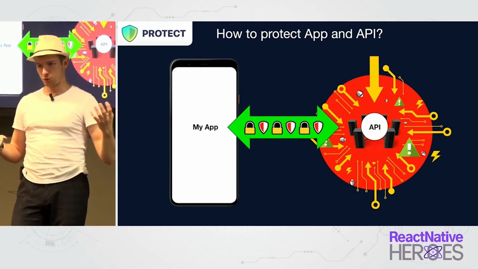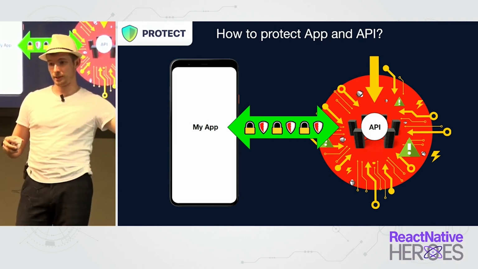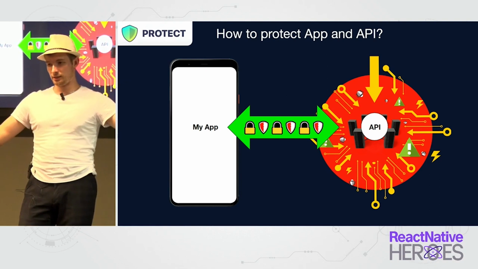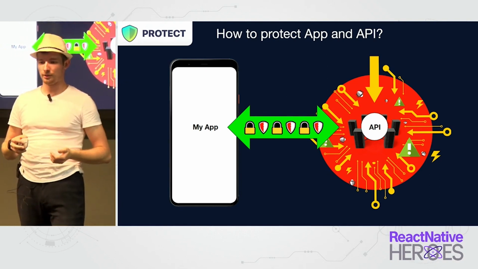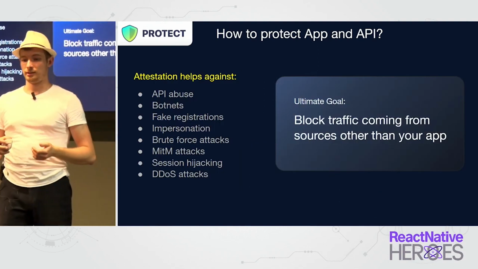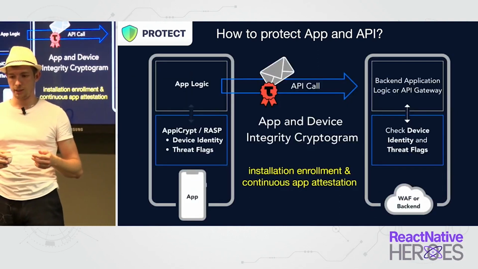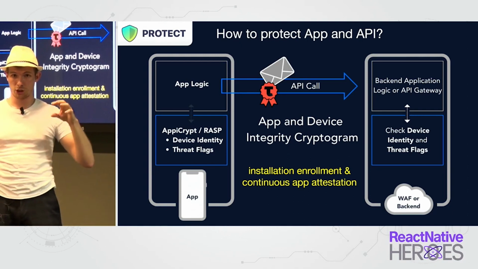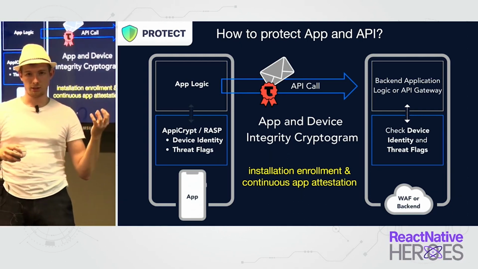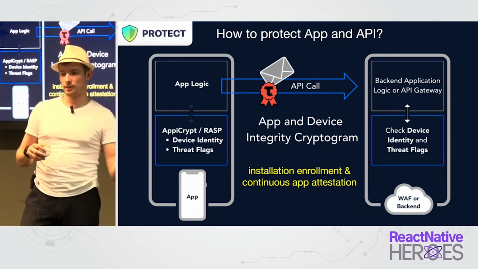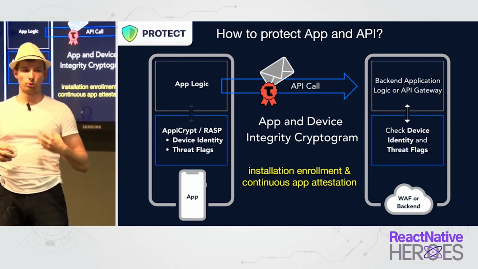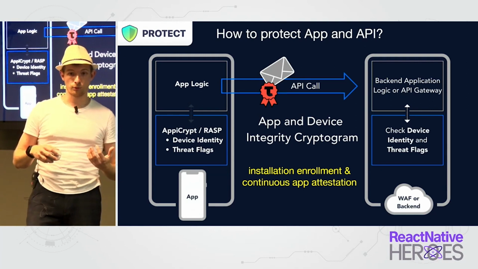I've shown the RASP, which is only part of your application, and this second part is missing. So to create this whole channel, we created Epicrypt, a technology which originates in this RASP on your device and transfers all the signals to your backend in the most secure way we know of.